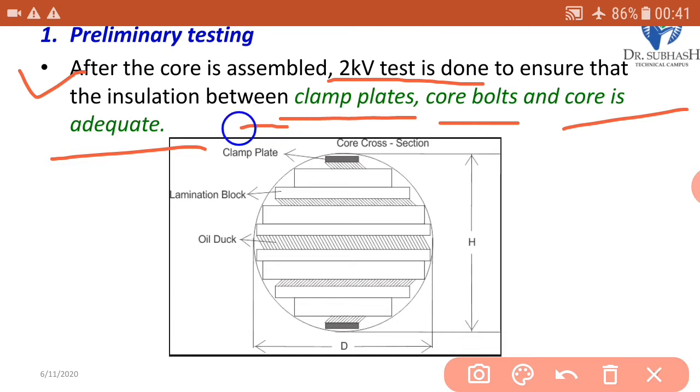We can see the labels: clamp plate, then lamination block, then oil duct. So we have to ensure the core insulation is proper or not. Otherwise there will be more core losses.